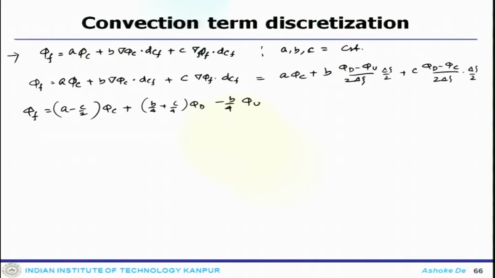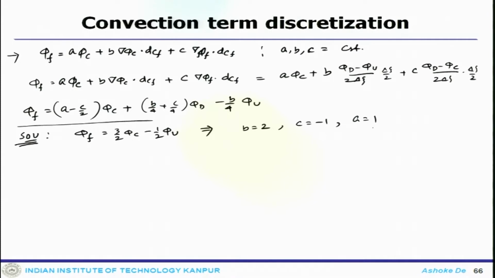Now you can use the above expression to calculate A, B, C. For example, if you consider second order upwind, one can find the profile: assuming second order upwind, phi f is 3 by 2 phi c minus half phi u, which leads to the coefficients B equals 2, C equals minus 1, A equals 1.